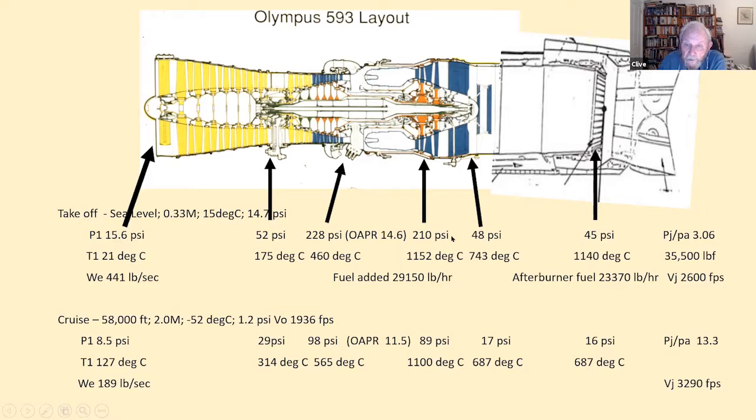Now that means, since you have a limit on the temperature at the entry into the turbine of 1100 degrees, that limits the amount of fuel that you can put in per pound, because you've only got that margin of temperature rise that you can play with.